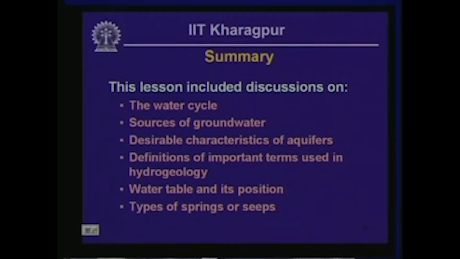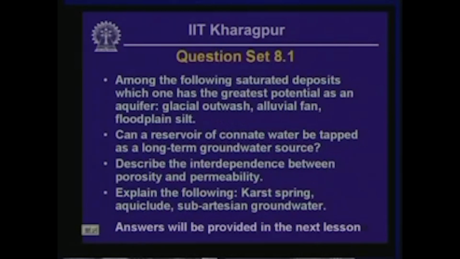We looked at a list that gives the desirable characteristics of aquifers, definitions of important terms used in hydrogeology, water table and its position, seasonal fluctuation of water table, and finally we looked at a list of the types of springs and seeps. We wrap up this particular lesson with a question set.